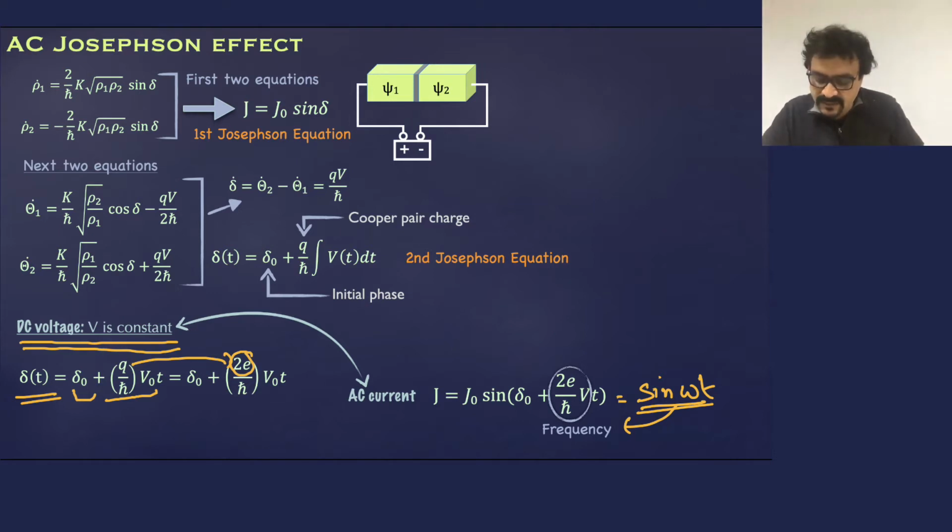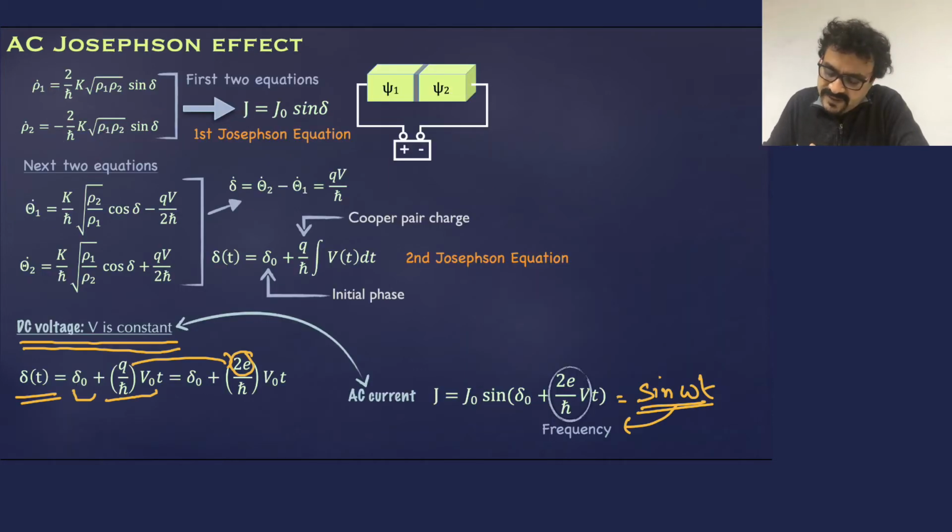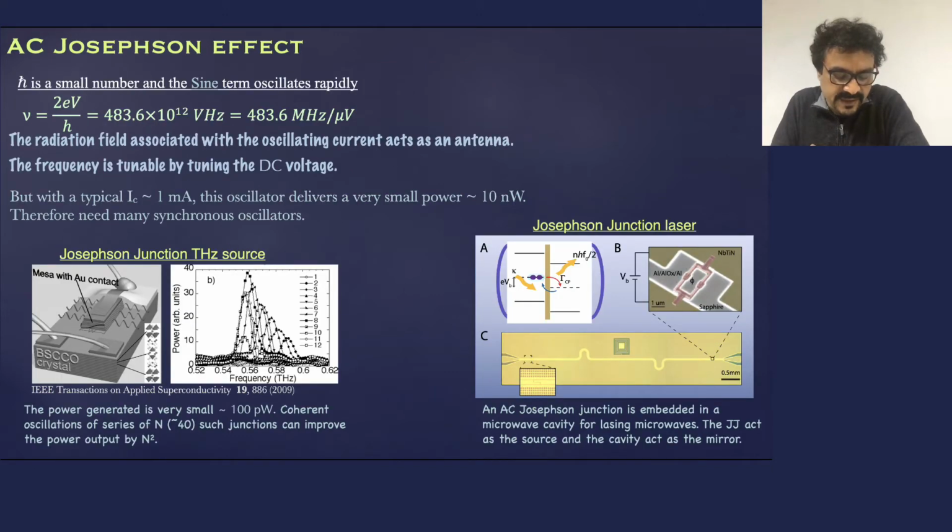Now, if we consider the magnitude of this frequency, that is 2eV by ħ, where ħ is h by 2π. When you take 2π to the other side, this is going to be 2eV by h, that is the frequency.